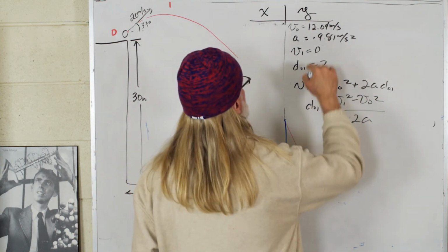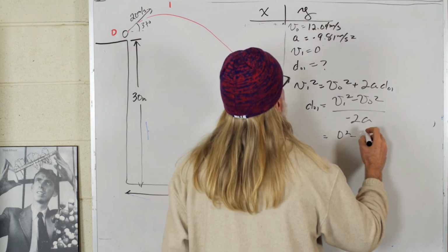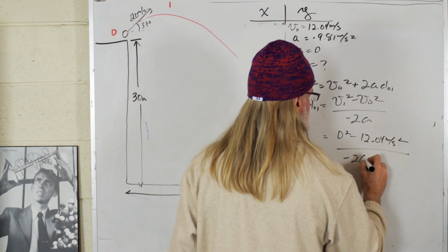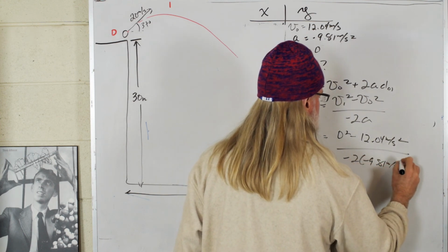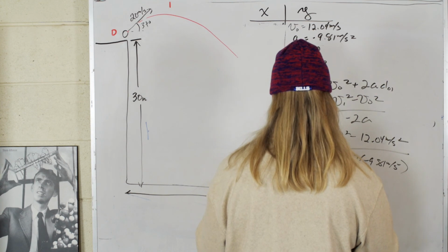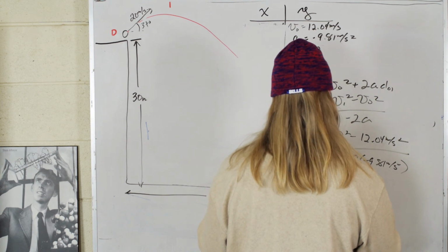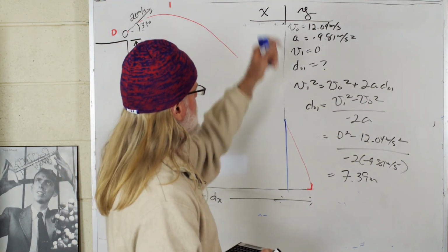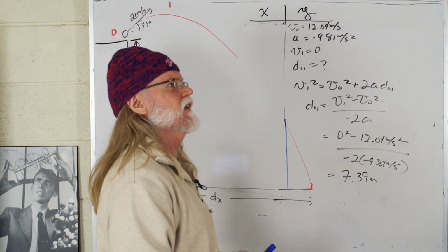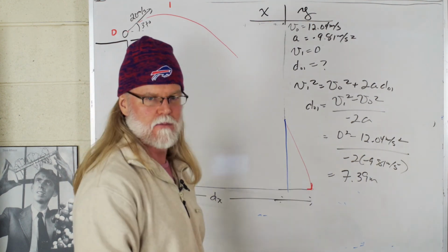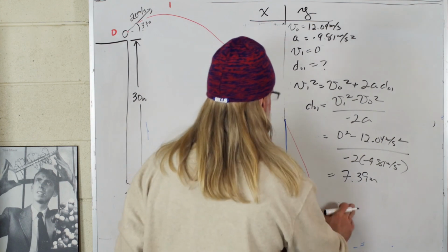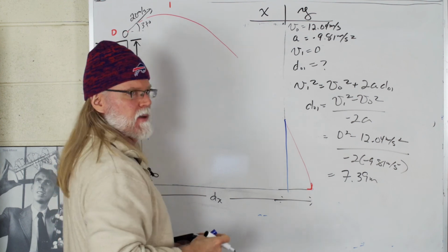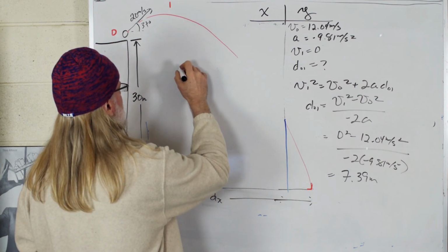Solving that: V1 squared, which is 0, minus (12.04 meters per second) squared, divided by 2 times negative 9.81 meters per second squared, gives 7.39 meters. Let's see. It stops going up after about 1 second, and the average speed is 5. That seems reasonable. What I did was ask how long it's going up. Well, it starts at about 10 meters per second, so it's going up for about 1 second.